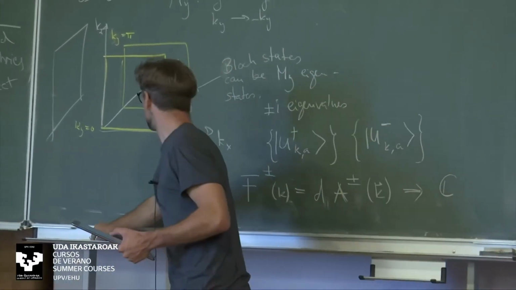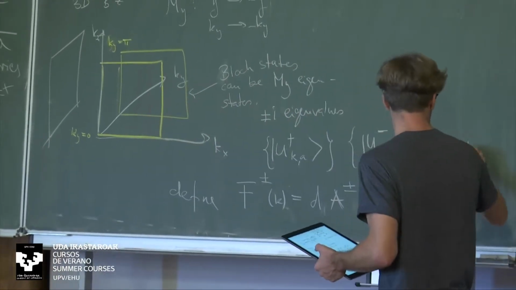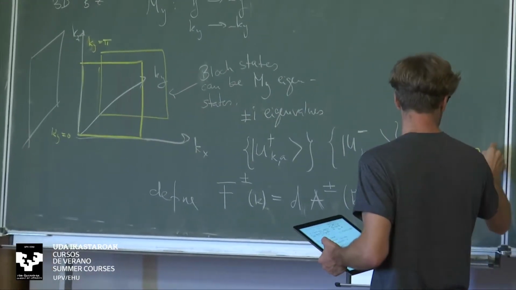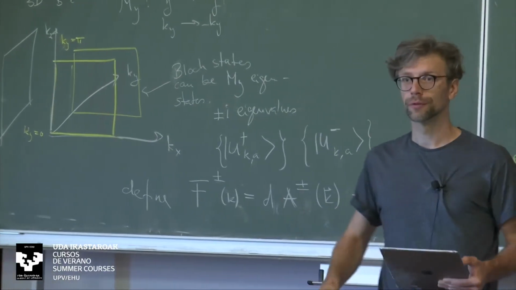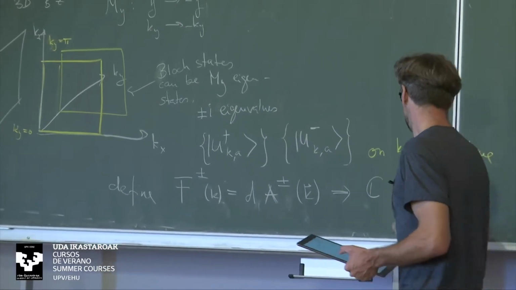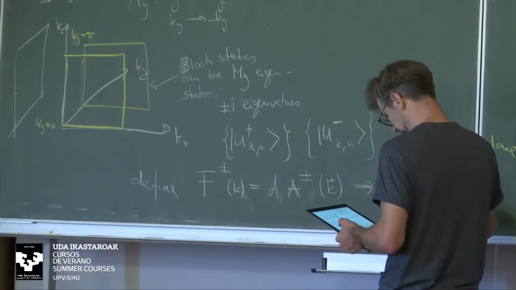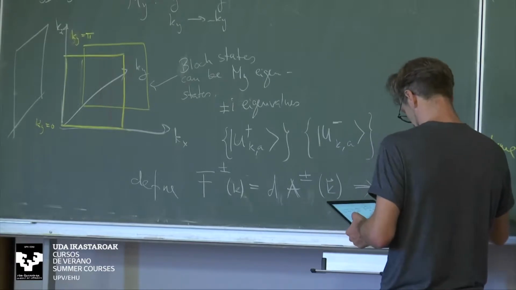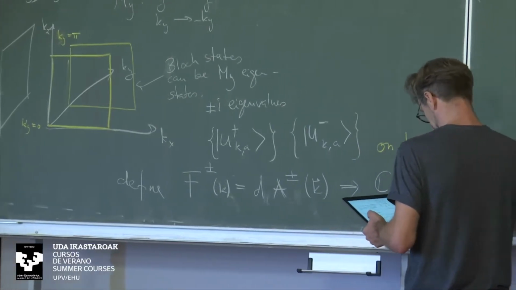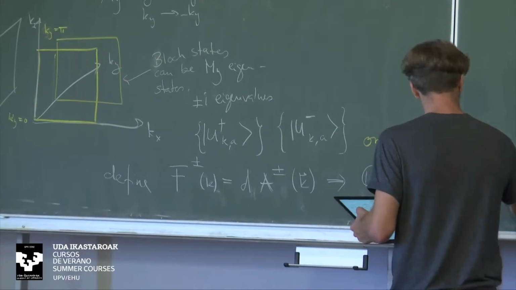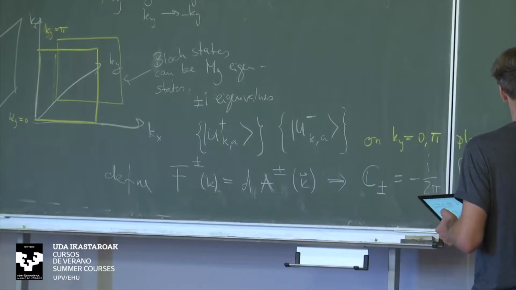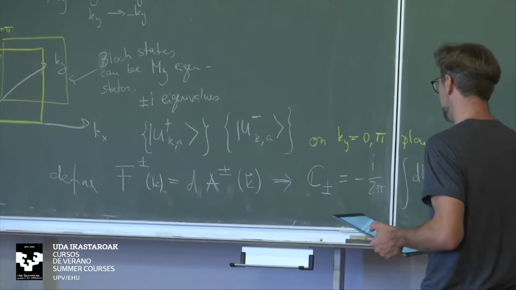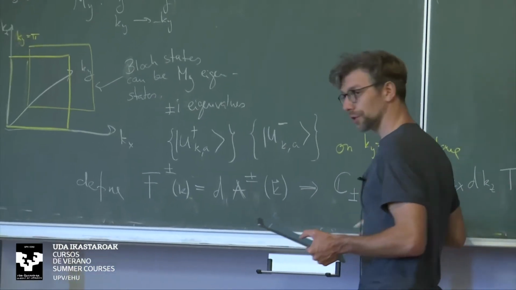So on the k_y equal to 0 or pi plane, I can define a Chern number for each of these subspaces. So let me call it C plus minus. That would be the integral over k_x and k_z of the trace of F plus minus xz of k. Okay? So I have these Chern numbers now.